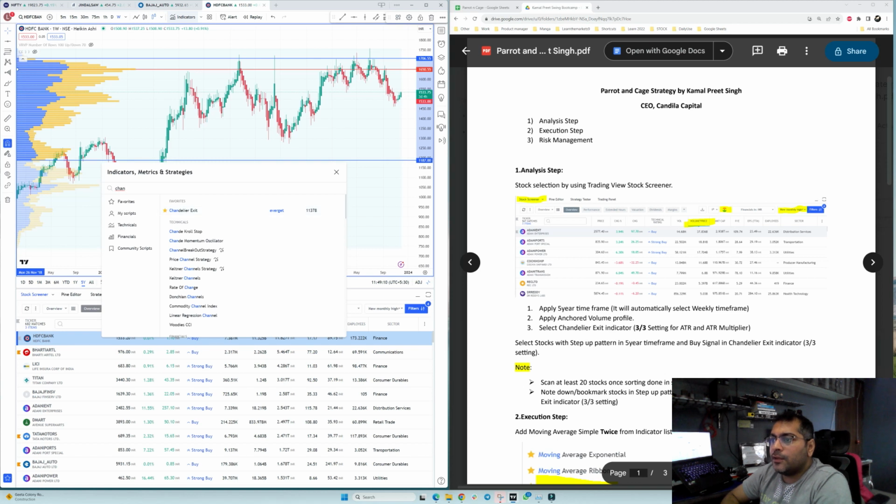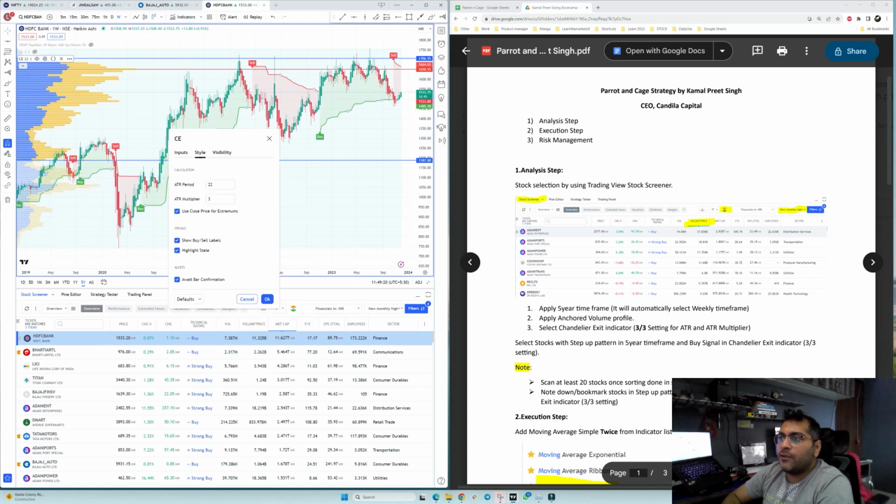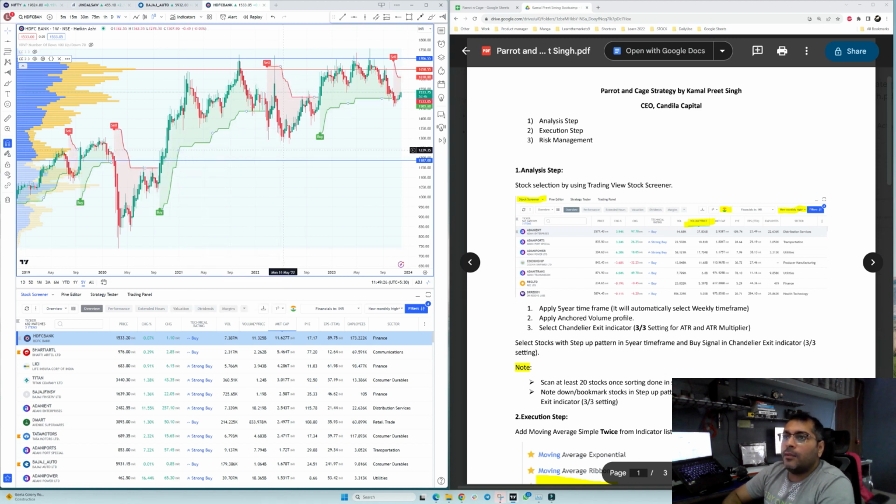I have already wishlisted it, that's why it showed up early here on the top. When I select it and go to the settings, I would simply make the ATR period and ATR multiplier as 33. I'll press OK, and this is my Chandelier Exit tool.